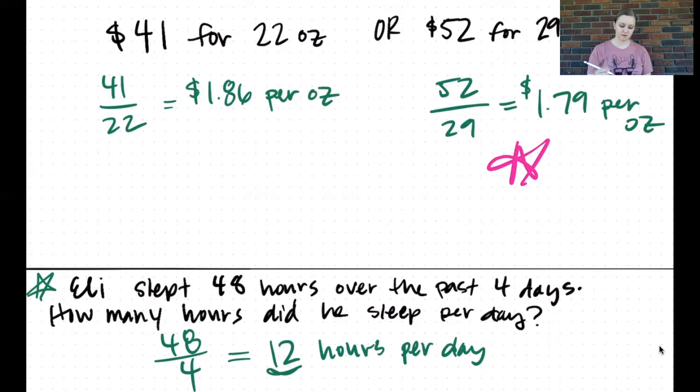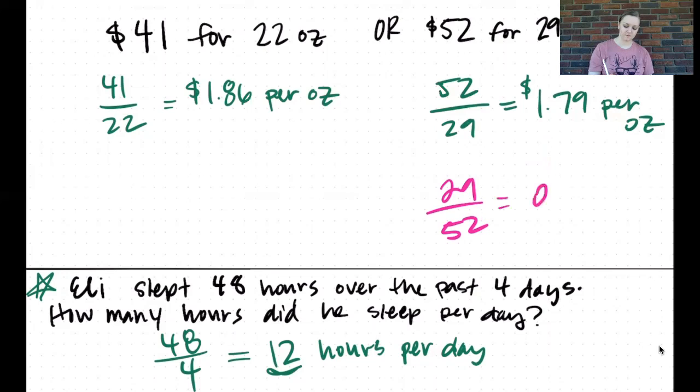If I were to take this second example and switch it, if I did 29 divided by 52, you need to be very careful because when I divide those, this gives me 0.55. This is not 55 cents per ounce. You've switched them so that now you have ounces per the $52.